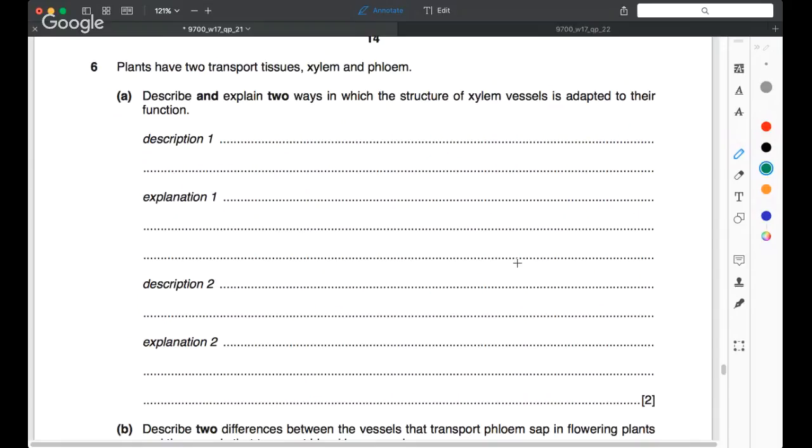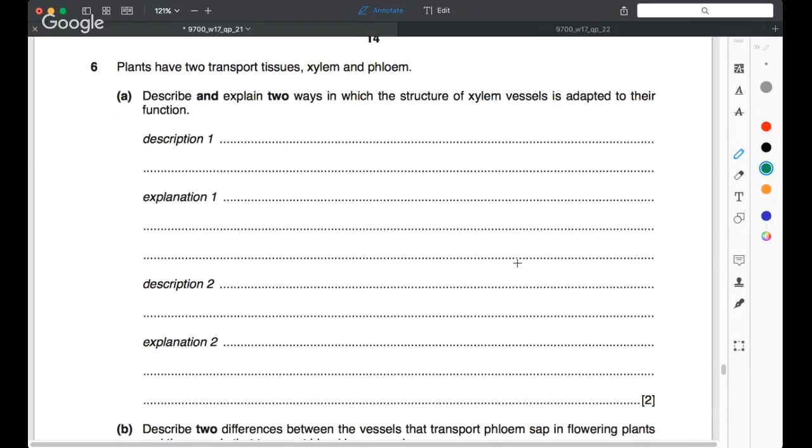The marks they say are just mentioning that they have cellulose. That would be one description of xylem vessels, and that allows adhesion of water, because of bonding. Another one that you can go for is that the cellulose wall is thick, which prevents collapse under tension.